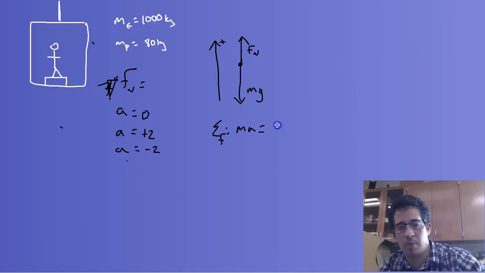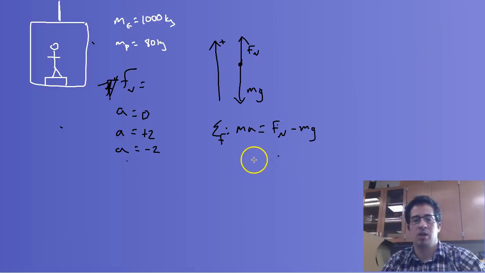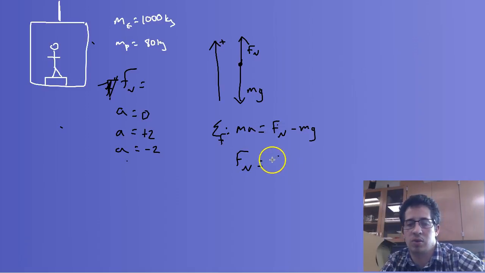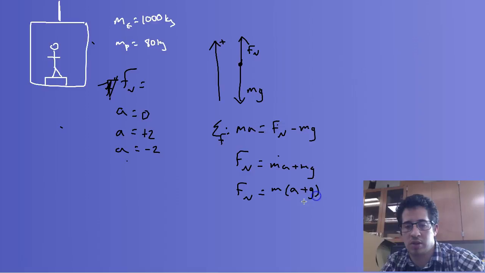So we have an upward normal force, Fn, minus downward weight. And so we want to solve for what this normal force is. So Fn is equal to m times a plus m times g, and so Fn equals m times (a plus g).